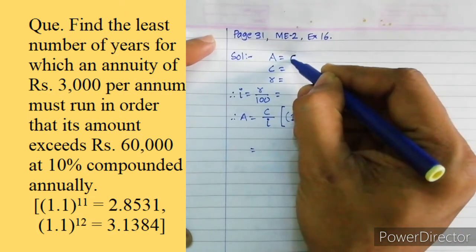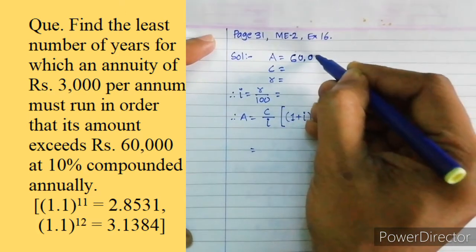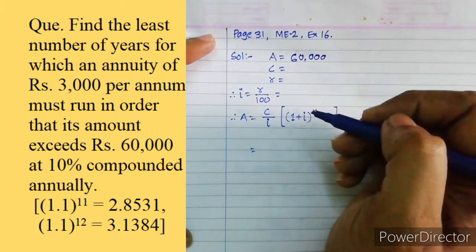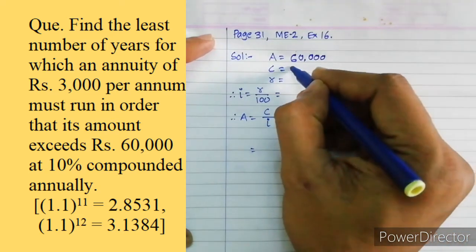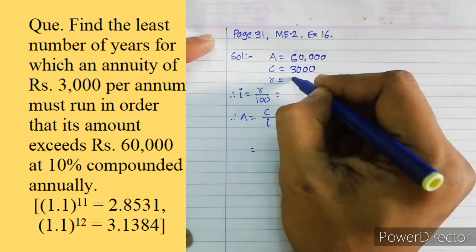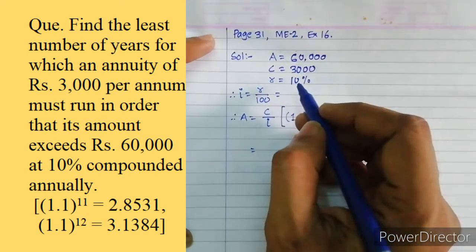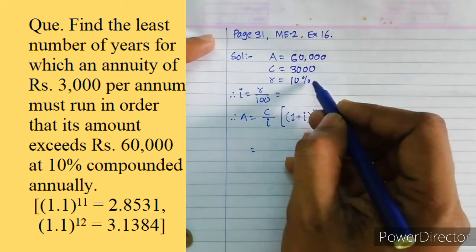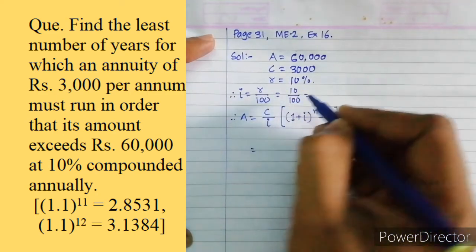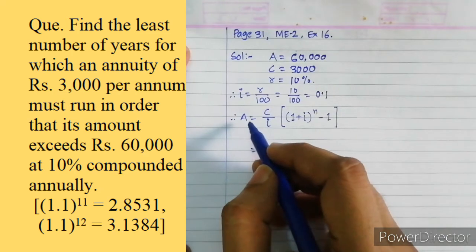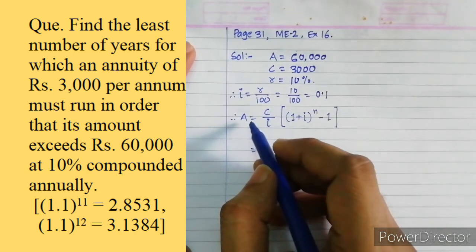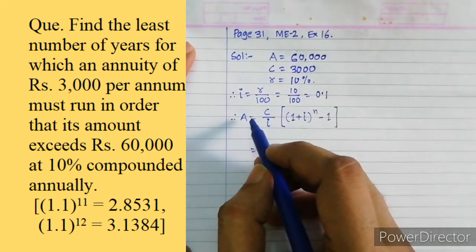Solution. We need the total amount to be at least 60,000. So we consider A is equal to 60,000. Then C, the annuity, is 3,000. R is 10% per annum compounded annually, so there is no change in R. So I will be 10 upon 100, that is 0.1. As the annuity type is not mentioned, we consider it as an ordinary annuity.